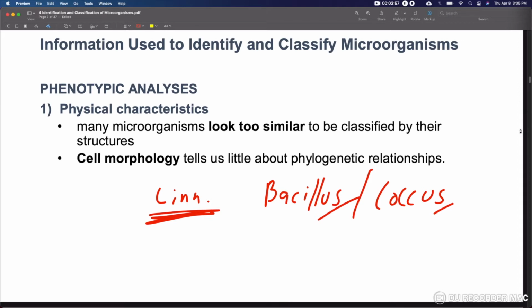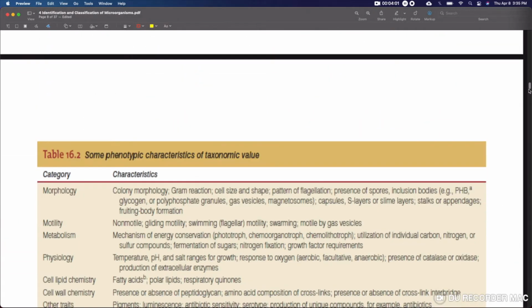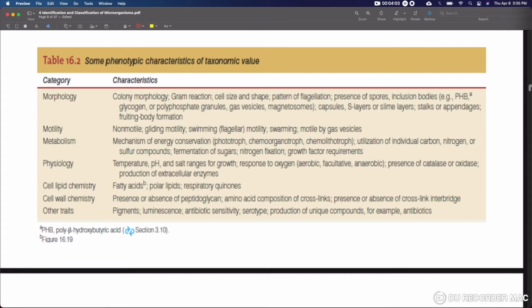Okay, so aside from your physical characters, that is quite problematic. We also look at, yes, these are the examples of some phenotypic characters that we're using in microbiology: morphology, motility, metabolism, physiology. And if you look at this portion, we are also looking at the cytoplasmic membrane characteristics of different microorganisms to describe them.